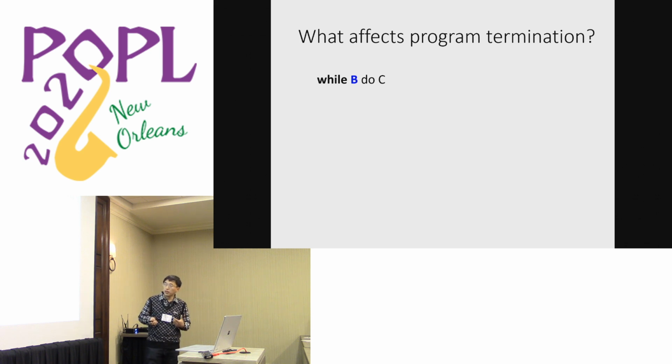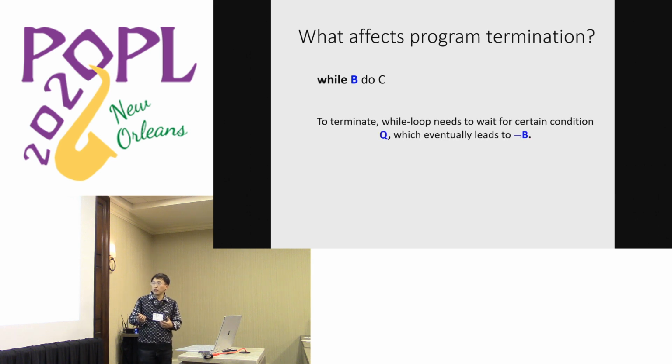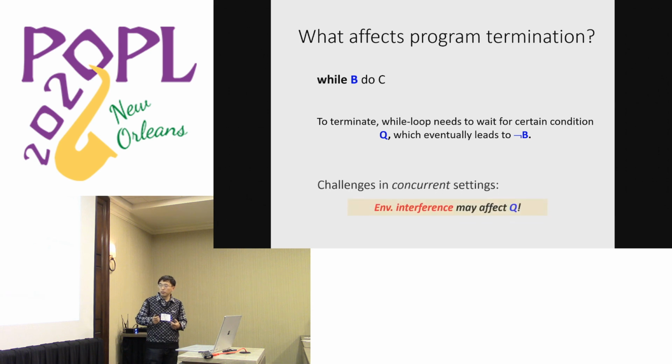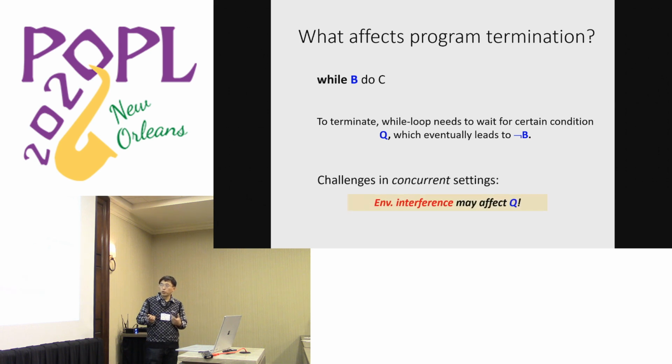If we consider what we do in a sequential setting, essentially we make sure there are no infinite loops. For the while loop to terminate, it needs to wait for a certain condition Q, so that Q eventually leads to the negation of B. And if B is false, then the loop terminates. In a concurrent setting, it's trickier because the formulation of Q may involve shared variables.